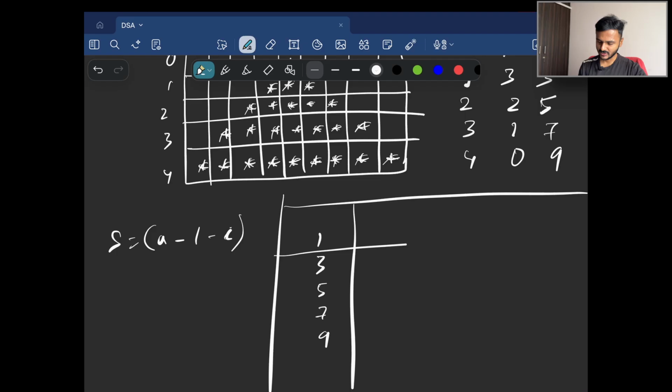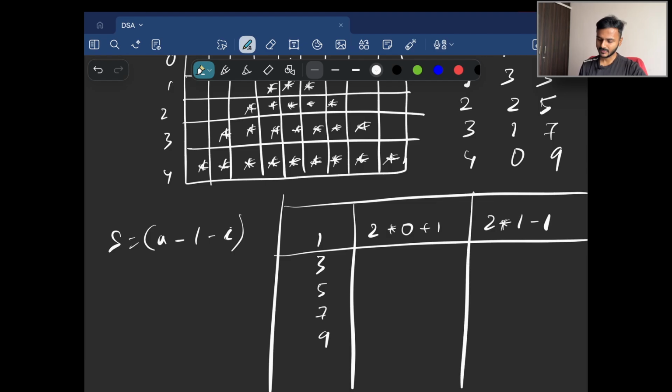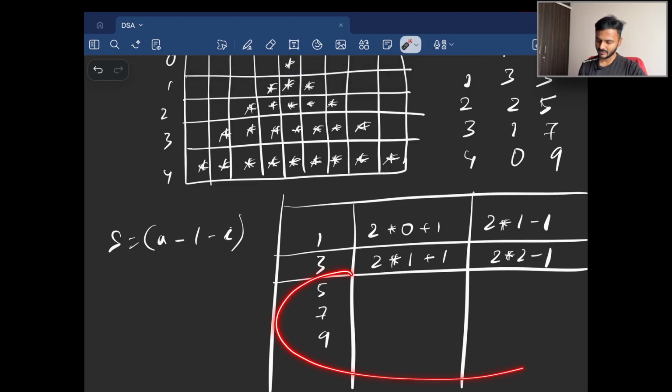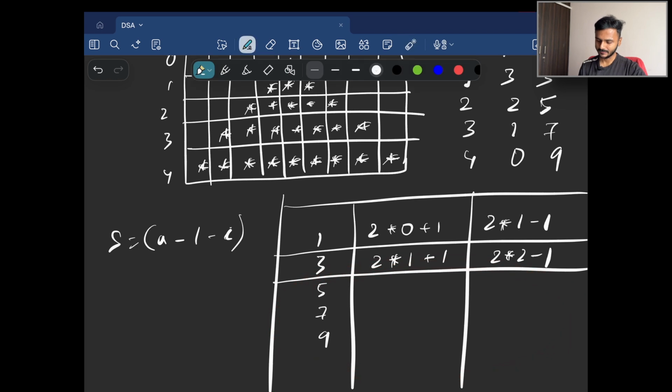So the two ways in which we can write 1 is this: 2 multiplied by 0 plus 1, or we can say 2 multiplied by 1 minus 1. Similarly, for 3, this would be 2 multiplied by 1 plus 1, or 2 multiplied by 2 minus 1. And let me quickly fill this up for 5, 7, and 9.